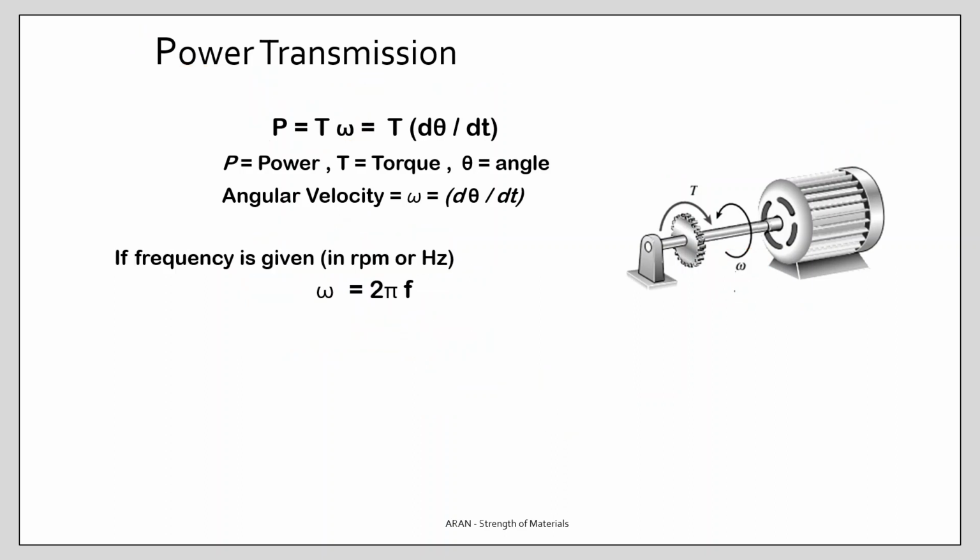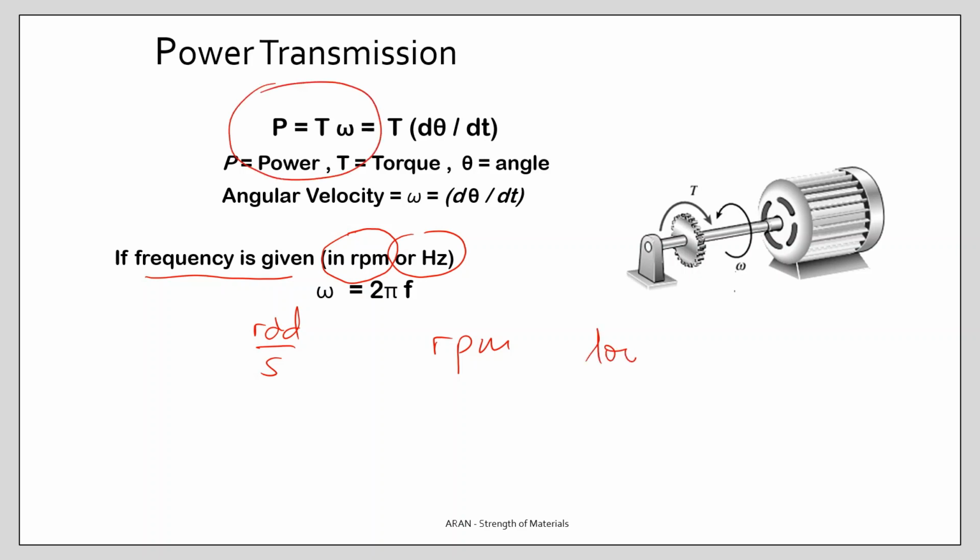In daily life and in industry, the rotation speed is usually given in frequencies. Using radians per second is not very common, so you have to convert this rounds per minute into radians per second for using this formula. How do you do it? Well, if you have 100 rounds per minute, divided by 60, you will get rounds per second.